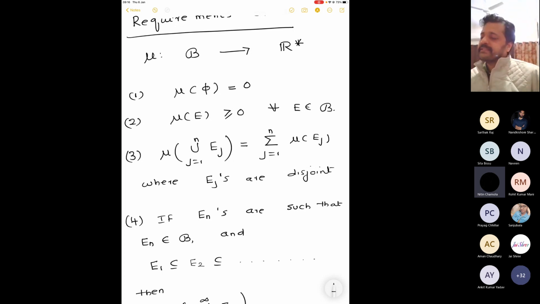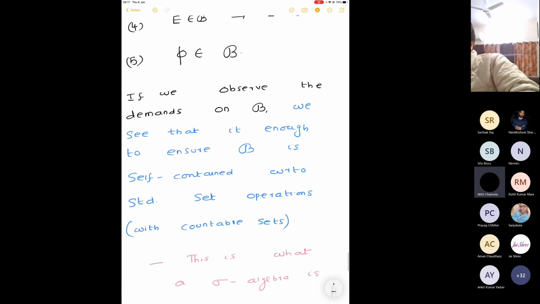Now, what I ask is, can we push it to not finite but countable? Instead of asking mu of union j equal to 1 to n of Ej equal to the sum, can we ask mu of union j equal to 1 to infinity equal to the sum for disjoint sets? That's the question I wanted to ask.